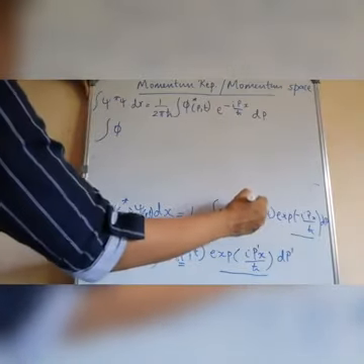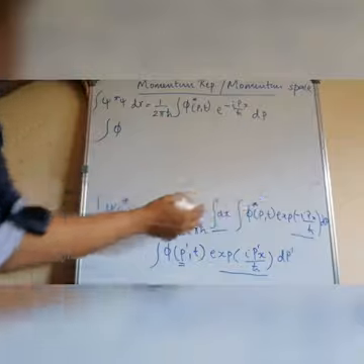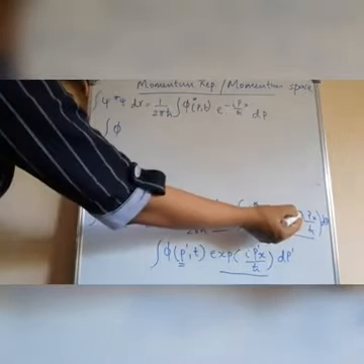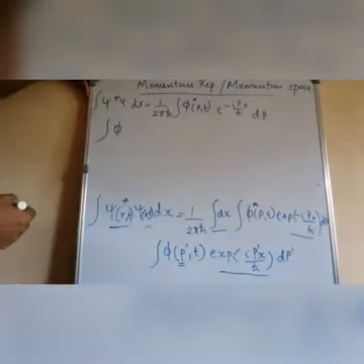Sorry, I have taken the complex conjugate here, so it is a phi star. Already we have given the conjugate of the exponential.